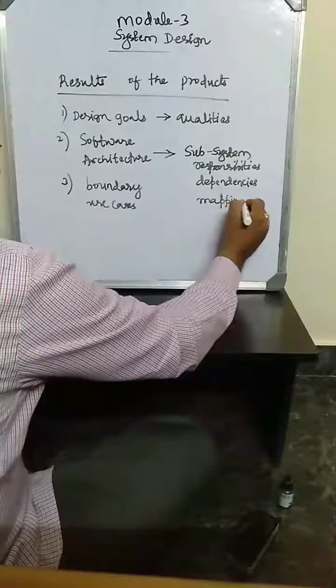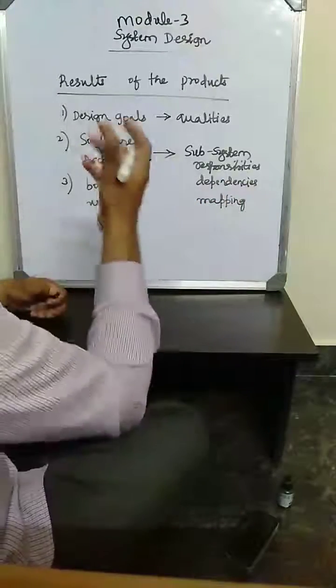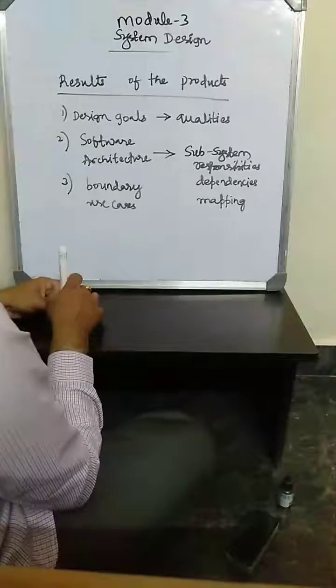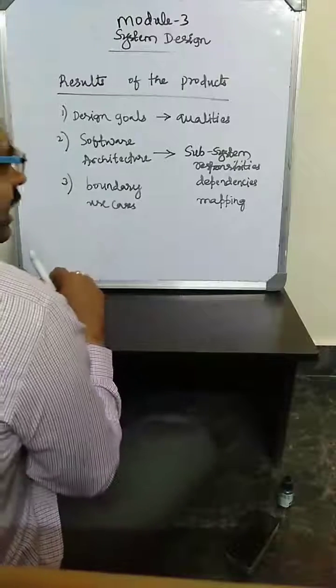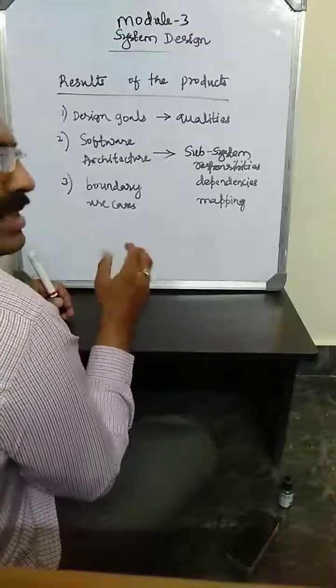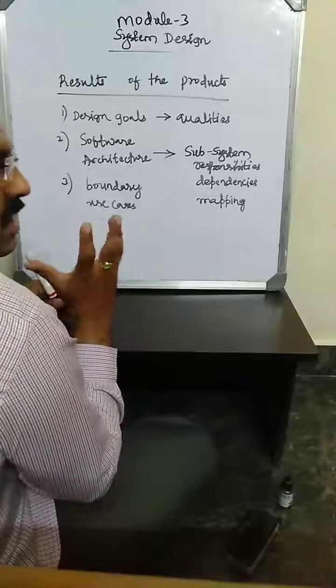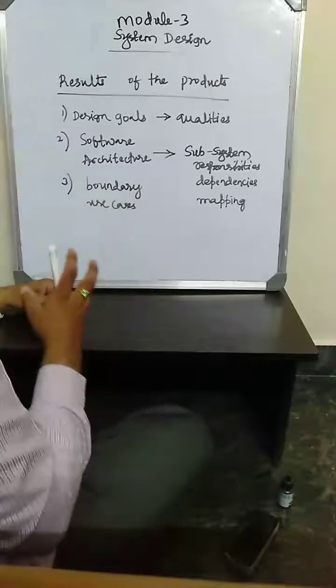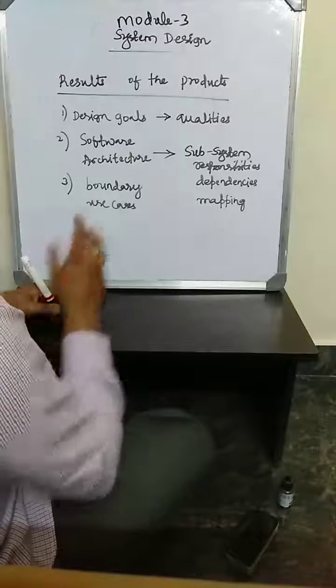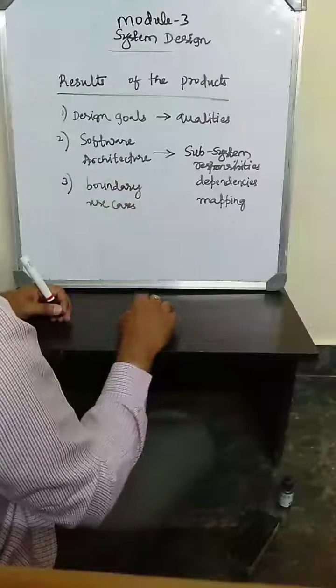Mapping means a relationship among other objects. So basically it is the software architecture, it's nothing but a program, you may say. That results in an activity towards subsystem responsibilities, dependencies, followed by mapping.